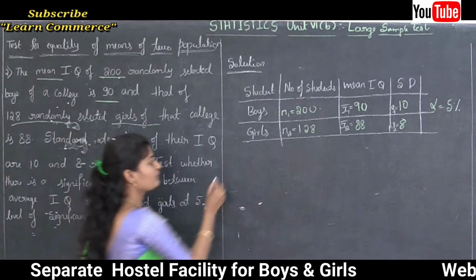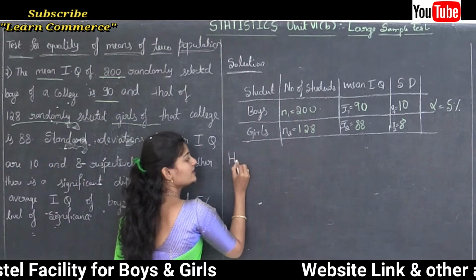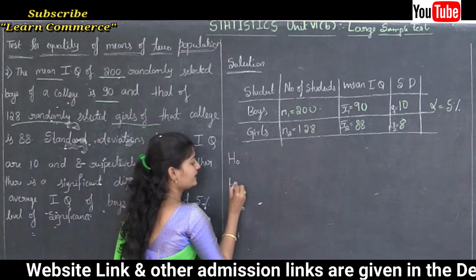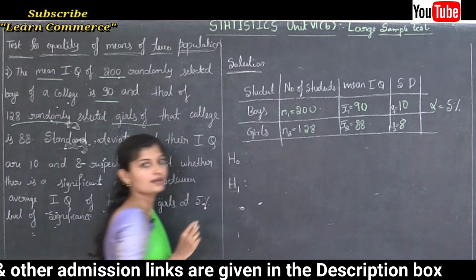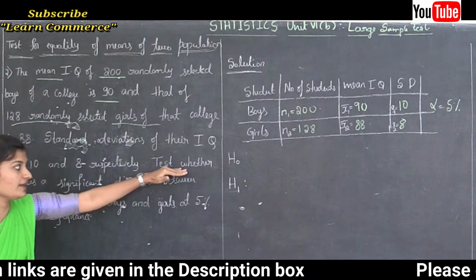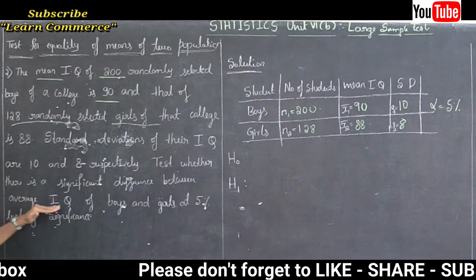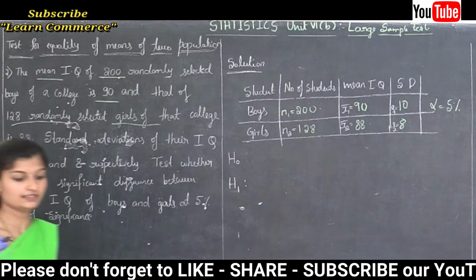Here, what is step 1? Step 1 is setting up the null hypothesis and step 2 is setting up the alternative hypothesis. In the question, they ask us to test whether there is a significant difference between the average IQs of boys and girls.